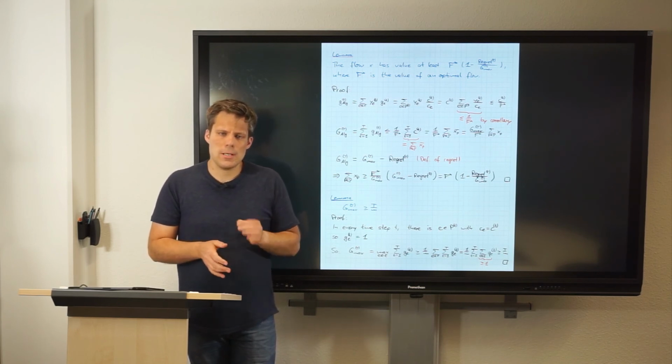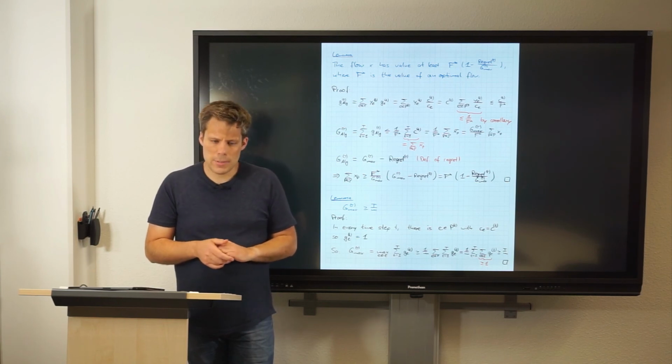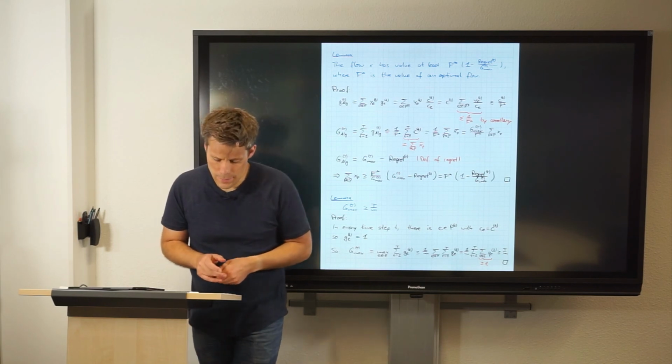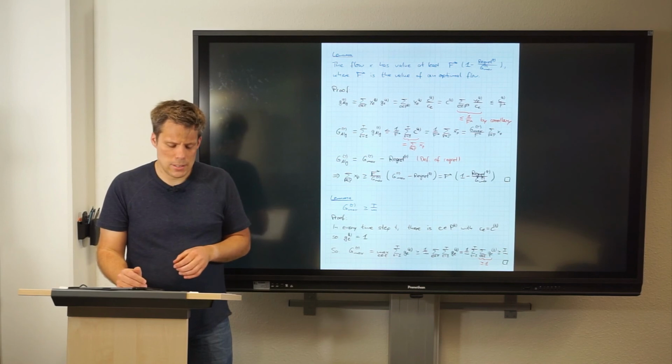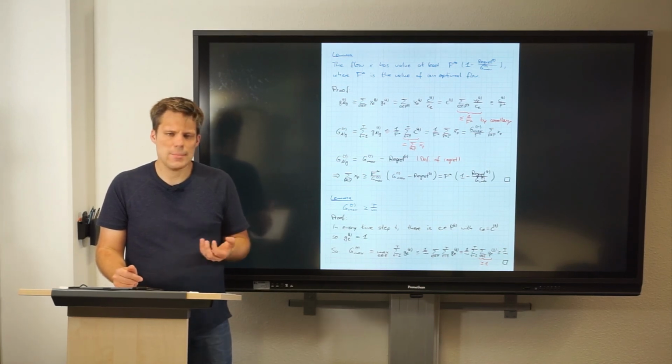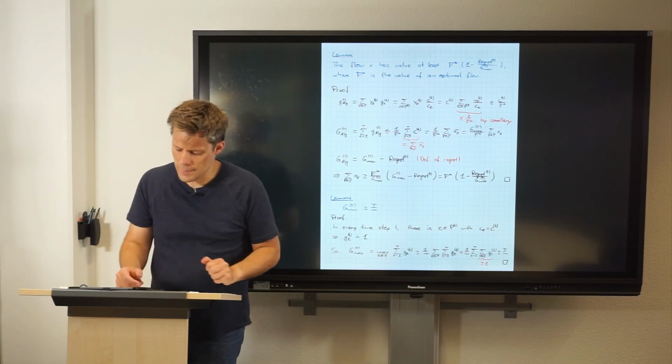But I want to now make this a little more precise, namely in the context of multiplicative weights. For multiplicative weights, we know our regret guarantee. It was square root t times log number of experts. So what is it that we're getting here?